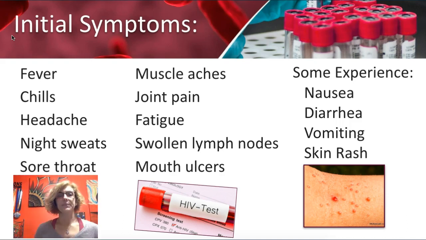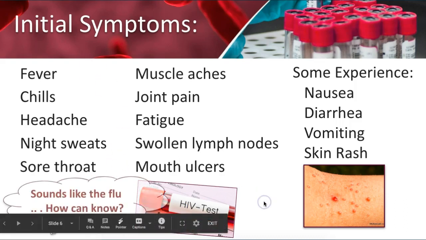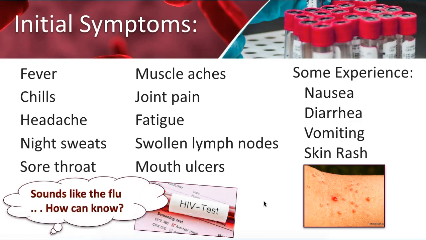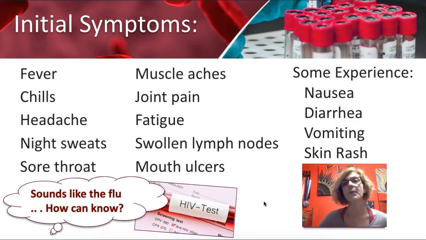Night sweats, mouth ulcers, skin rashes, those are more specific to HIV in particular. Otherwise, nausea, diarrhea, vomiting, that all sounds like the flu. So how would you know if you have the flu or if you have HIV? The only way you would know is by getting tested.